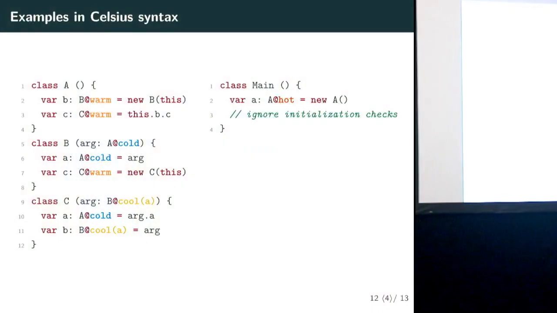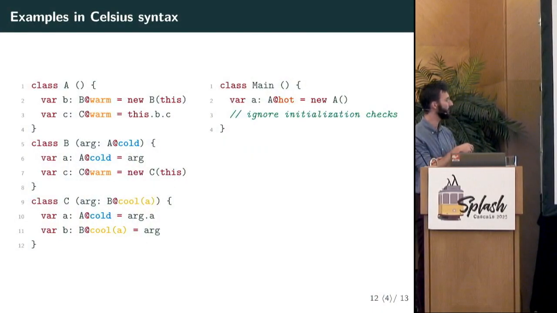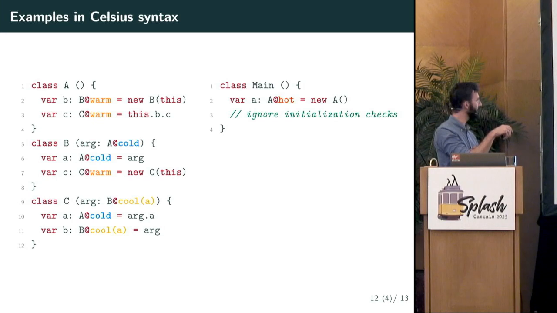So let's go back to this example in the Celsius syntax. The way we model this problem, and it's the same in Scala, is that we have a mandatory field initializer. You should think of the constructor as the list of those expressions on the right that are the basic initialization for those fields. But you can also have a normal constructor, which is a function, and it can do anything.